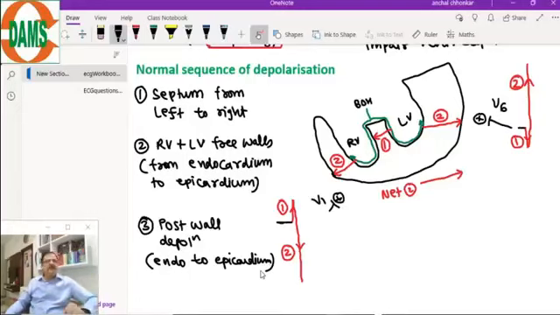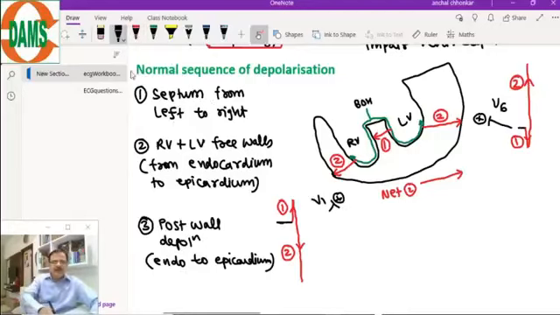Now, posterior wall depolarization will be taking place from endo to epicardium, and the posterior wall is a part of the left ventricle. Why is the negative so big in amplitude?